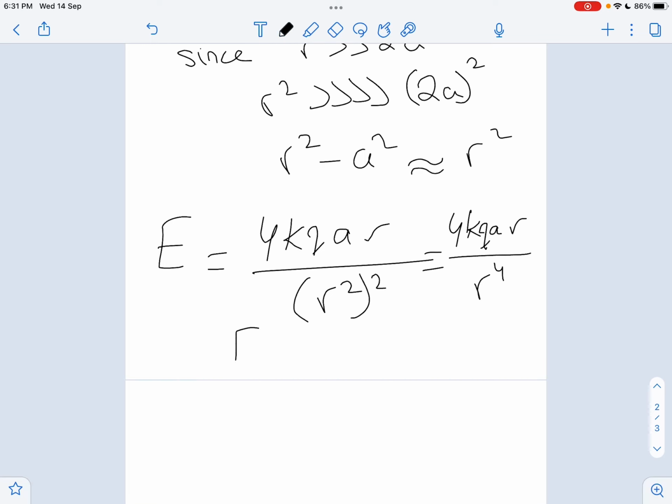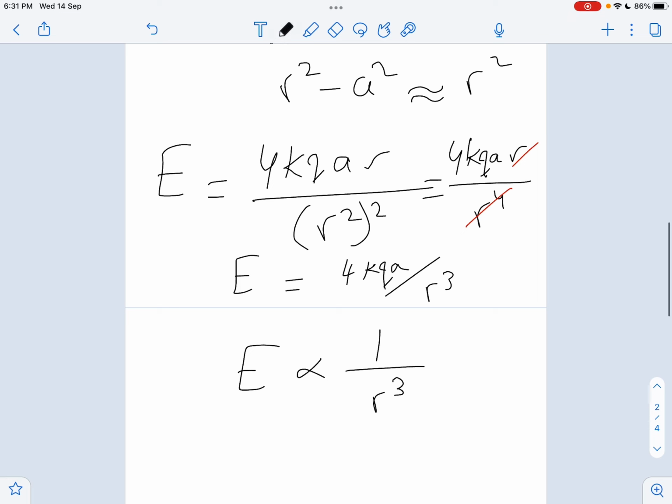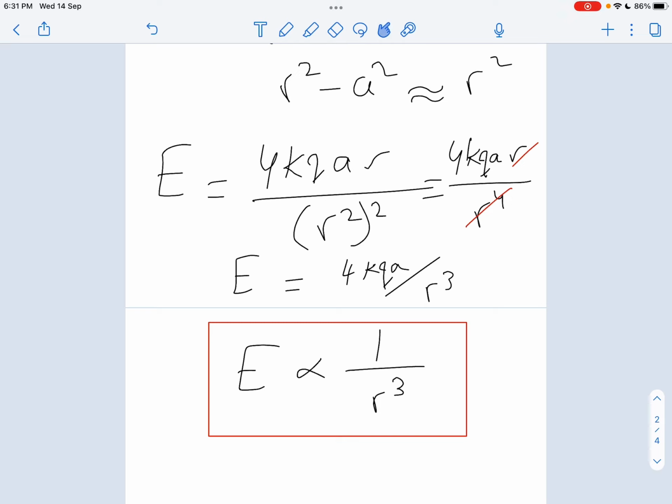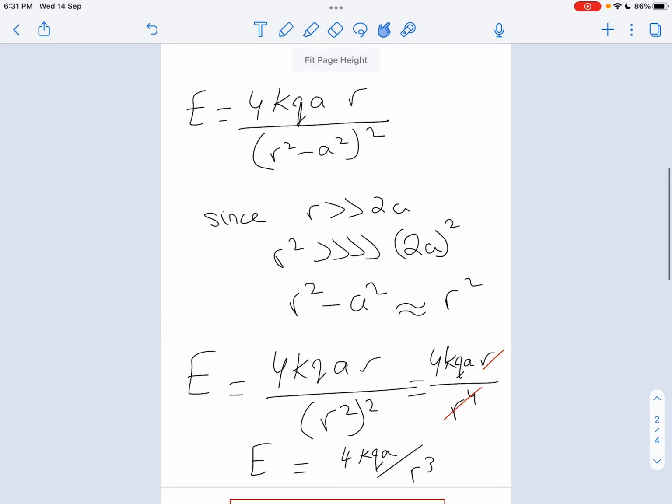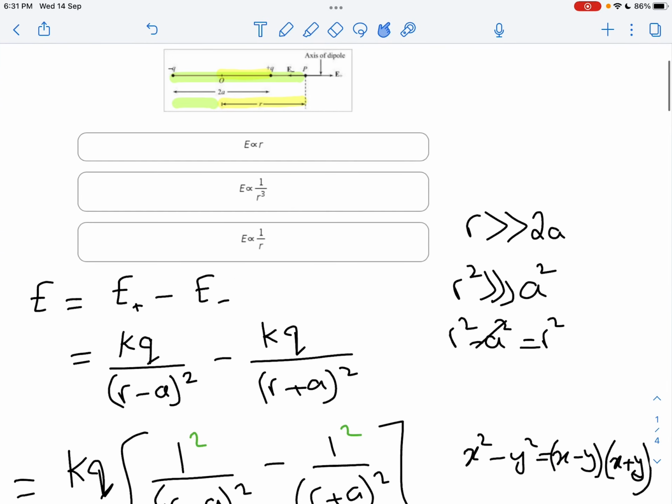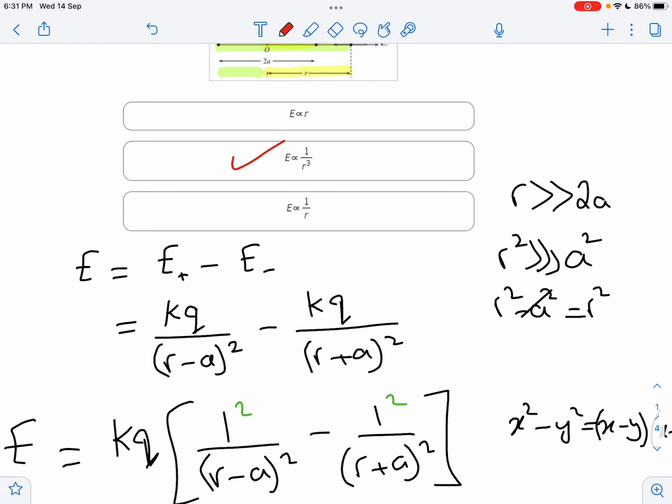Then E becomes 4KQa, and r divided by r to the power 4 will give you 1 over r to the power 3. So then E now is not proportional to 1 over r squared, but it becomes proportional to 1 over r cubed. So you can take it now as a rule that for an electric dipole, at a point far away from the dipole, the electric field is proportional to 1 over r cubed and not 1 over r squared. So that's the answer here. Thank you for watching.